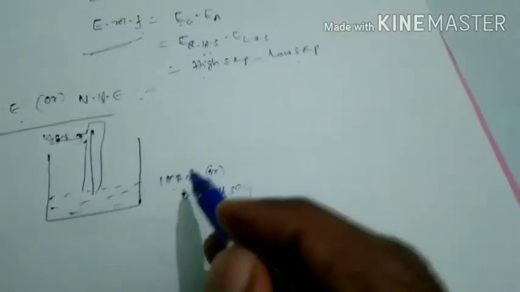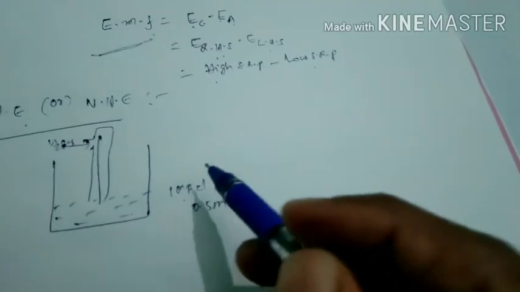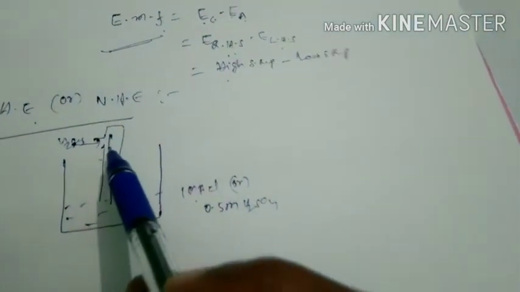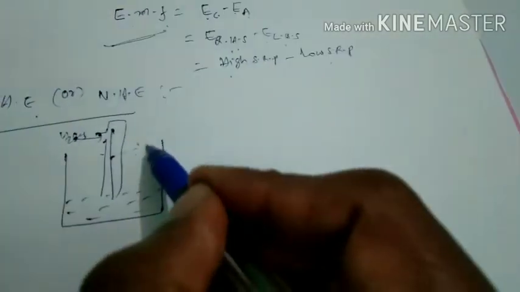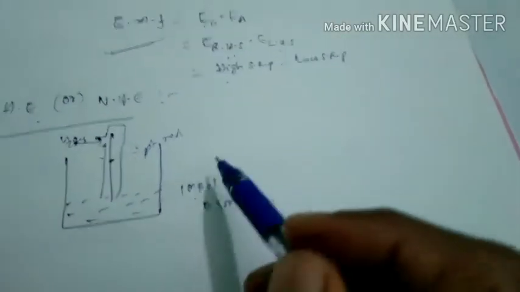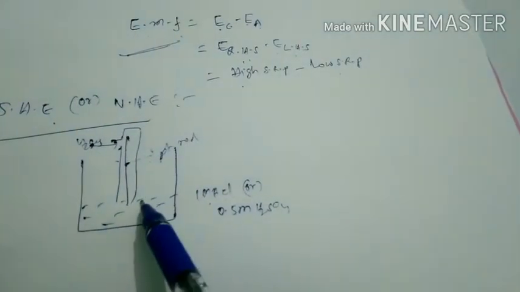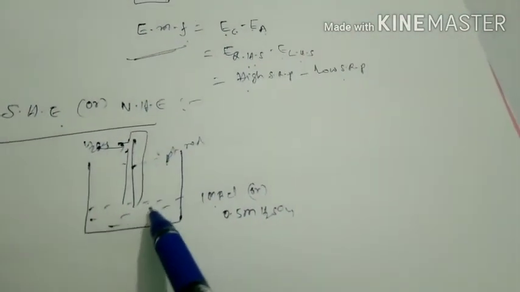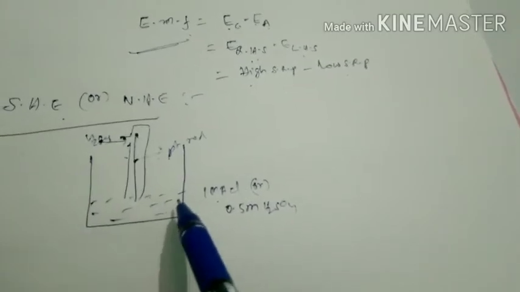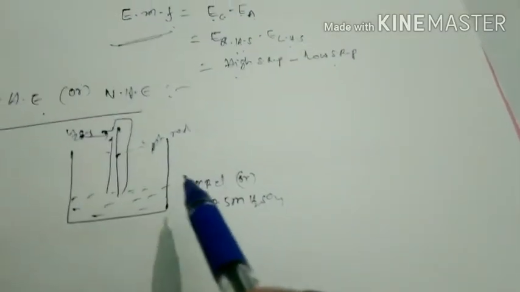So the definition is, when hydrogen gas is passed through a glass tube containing a platinum rod, which is dipped in 1M HCl or 0.5M H2SO4, then the potential exhibited by the hydrogen gas is called standard hydrogen electrode potential.